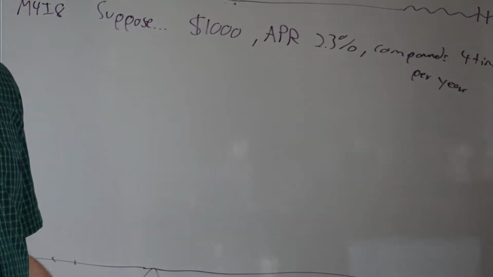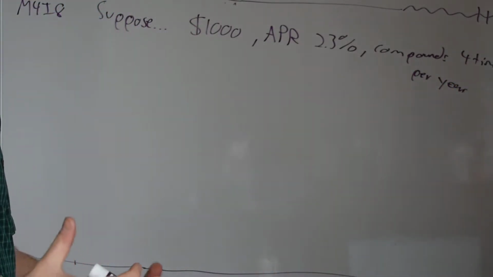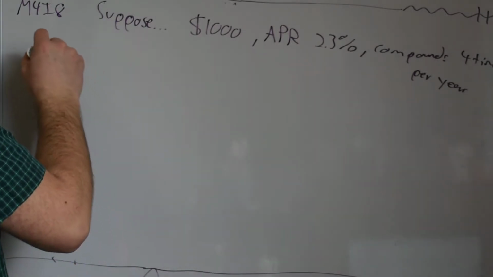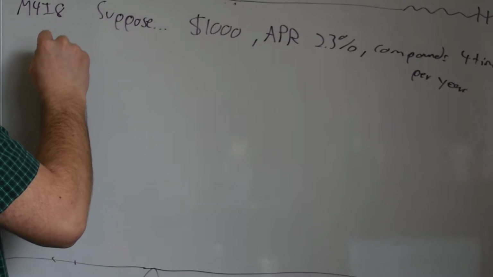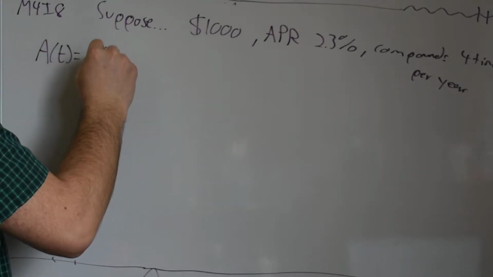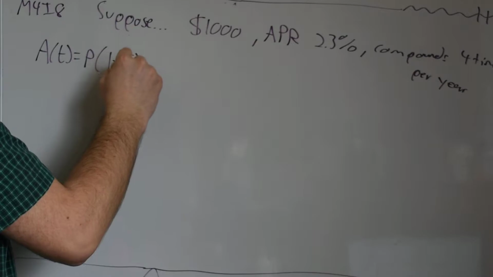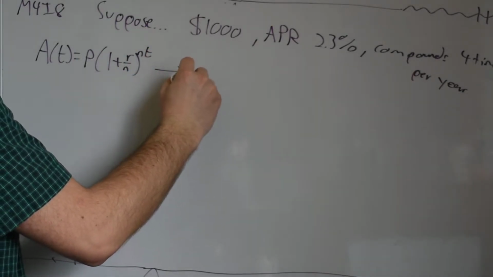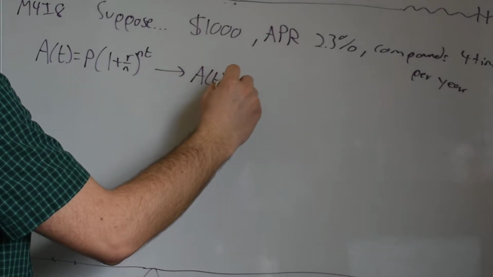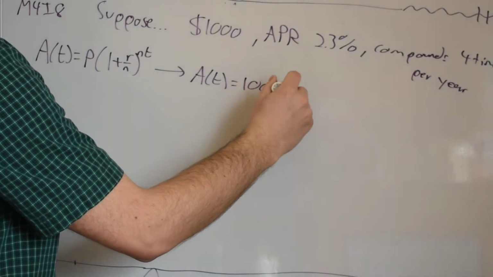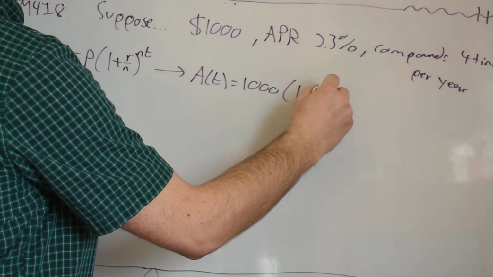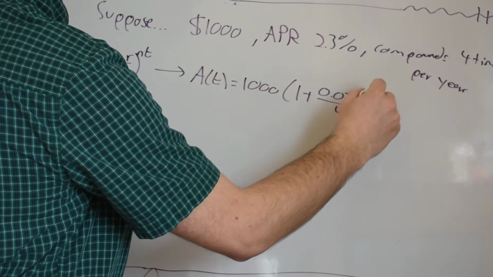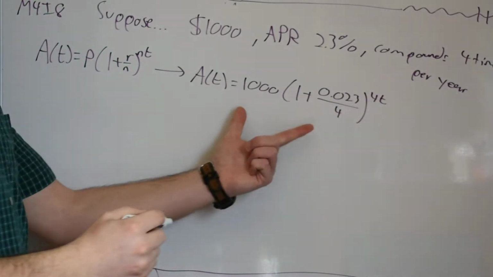Now, what we did last week, we know how to set up our compound interest formula with this. So here's our general compound interest formula. And given our specific numbers, we can kind of fill in the blanks here. And we get this guy.